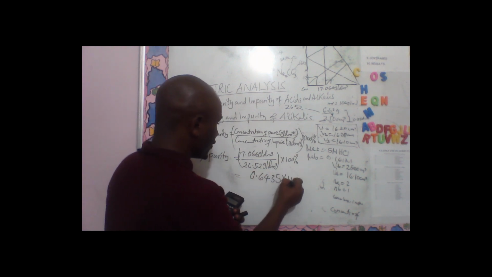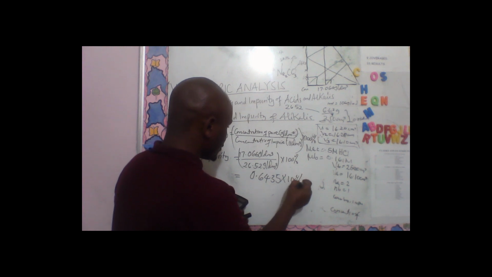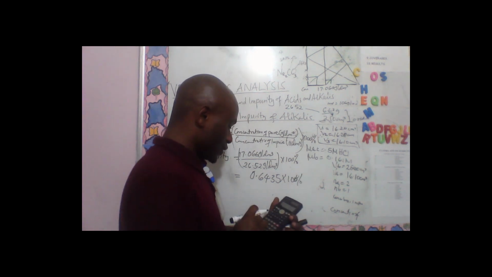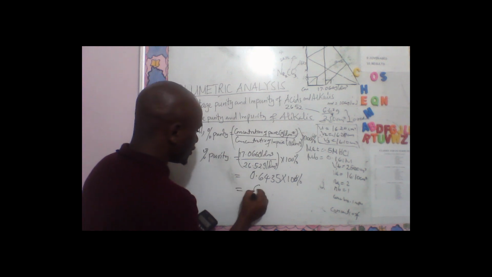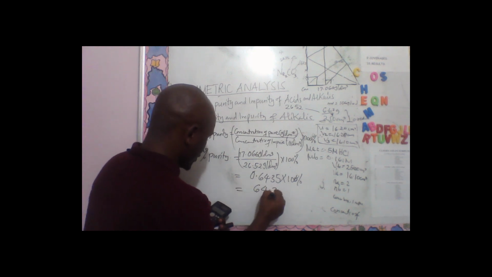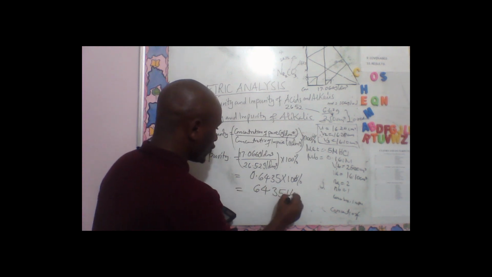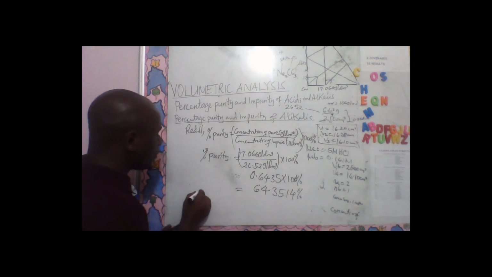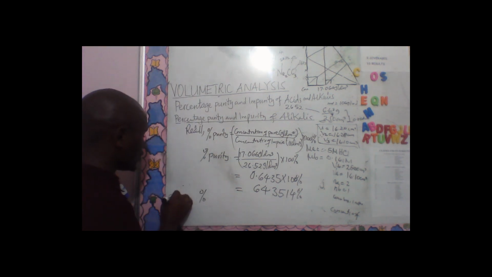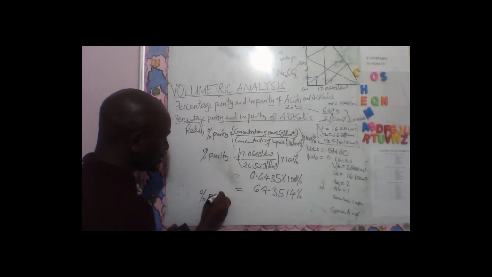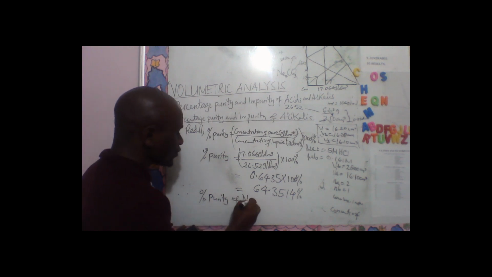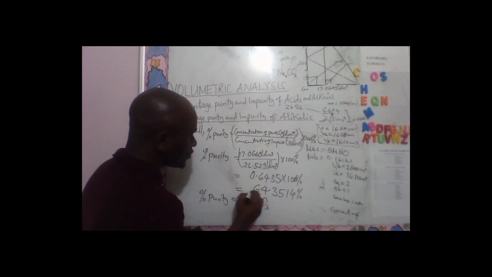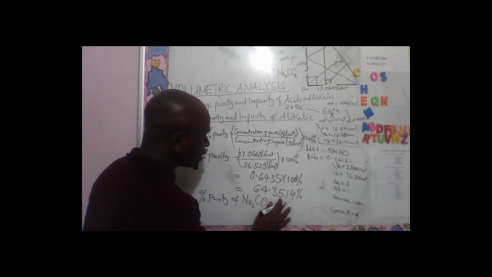This times 100 percentage becomes 64.3514 percentage. So the percentage purity of sodium carbonate is equal to 64.3.